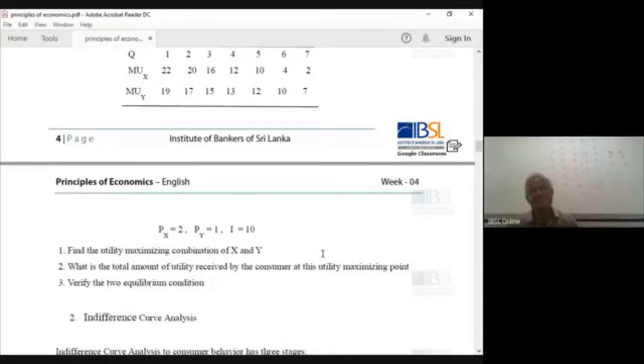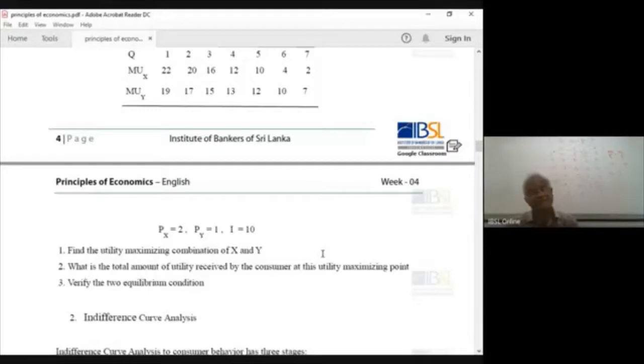You have to add all these numbers, then that will be the total utility of 6 units of Y. 19 plus 17 plus 15 plus fourth unit gives him 13 utils plus fifth unit gives him 12 plus sixth unit 10 equals 86. 6 units of Y gives him 86 utils.